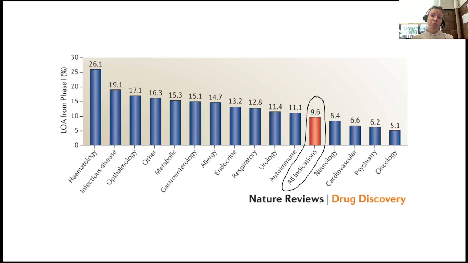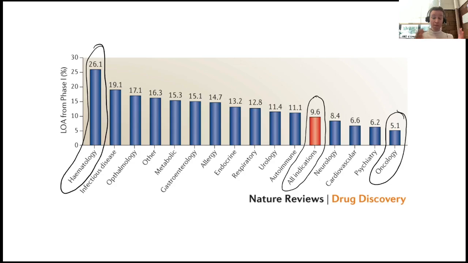But the success of drugs making their way through clinical trials depends on what disease they are being developed for. You can see, for example, that cancer treatments are some of the least successful drugs going through clinical trials compared to drugs for blood disorders. Those have a more than 25% success rate. So, of course, the disease you're developing drugs for matters as well.